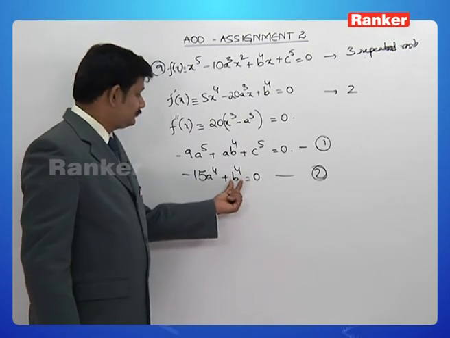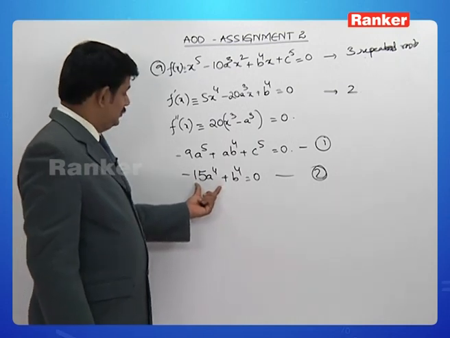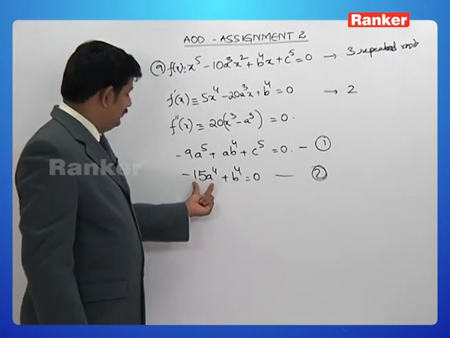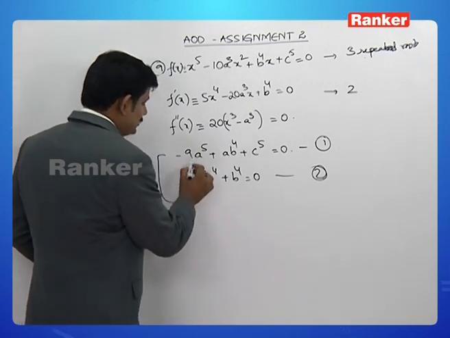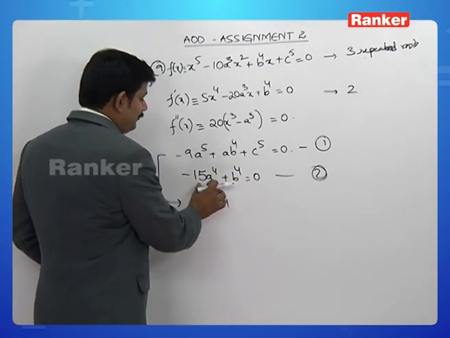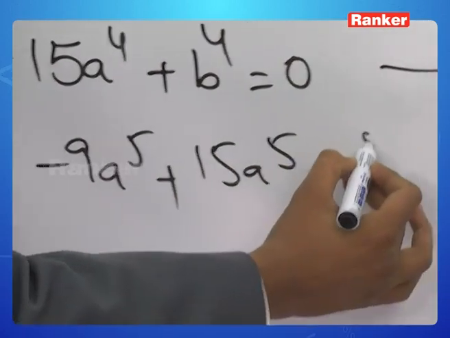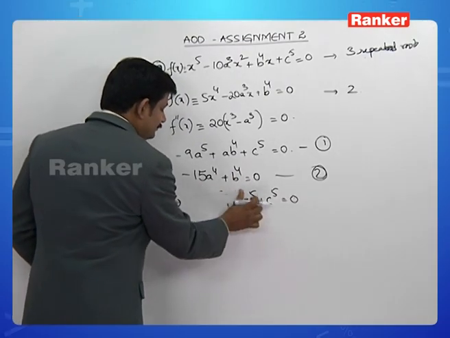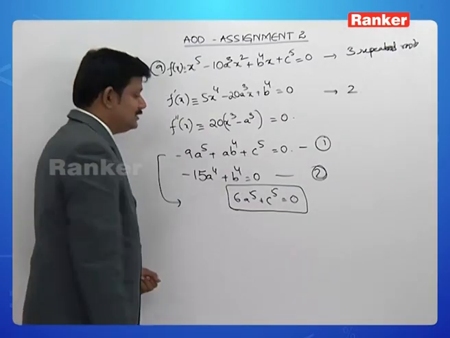b^4 in the first equation, once I replace it with 15a^4, the equation becomes minus 9a^5 plus a times 15a^4, that is 15a^5, plus c^5 is equal to 0, and 15 minus 9 is 6a^5 plus c^5 is equal to 0.